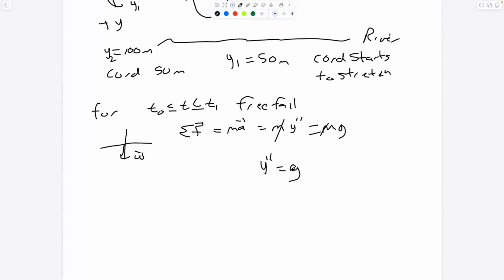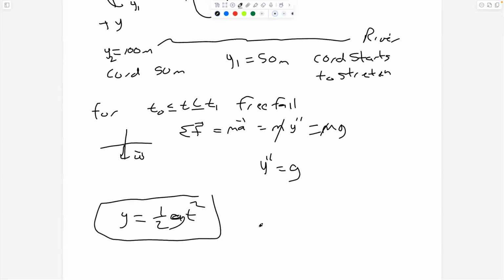The second derivative of some function is just a constant g, so that function is just a quadratic. So up until t1, up until the cord starts to stretch, we're just in free fall, and it's independent of the mass.